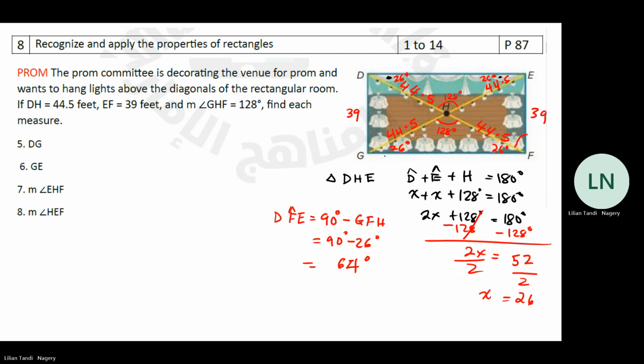So this will be 64 degrees, and the same for the other three.